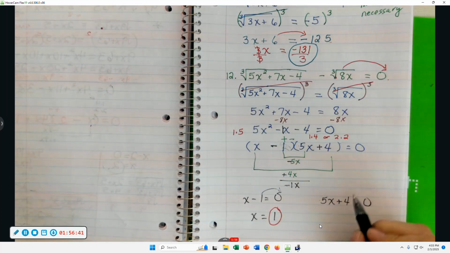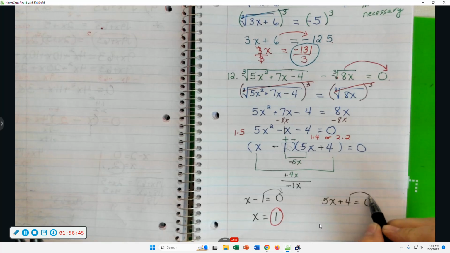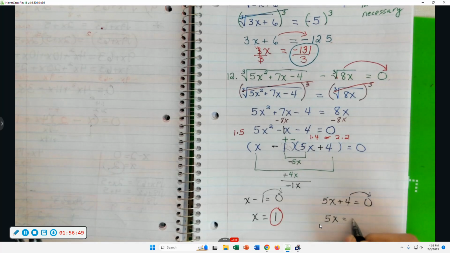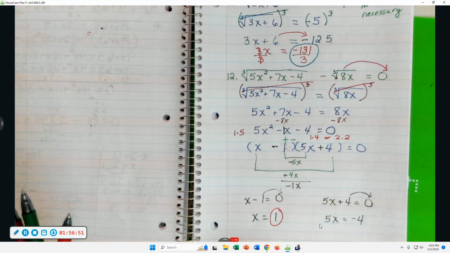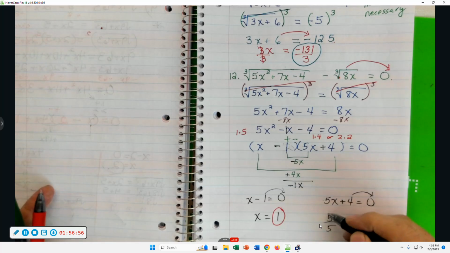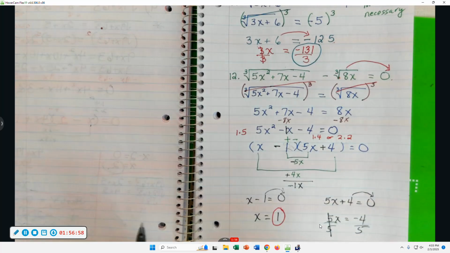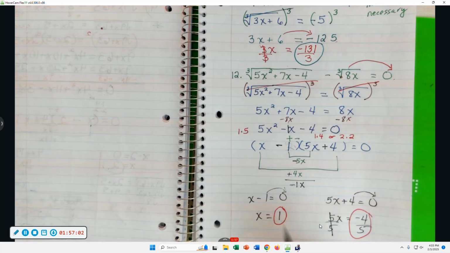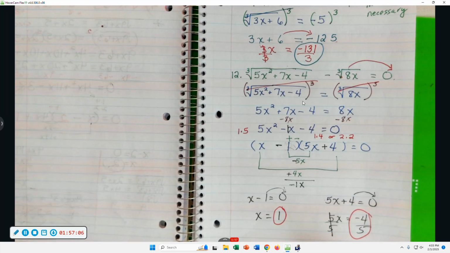And what about over here? What would I do to get the x by itself? Subtract 4 to give you 5x equals a negative 4, and then divide by 5. Good. So we have a negative 4 over 5 and a positive 1. We want to type those in.